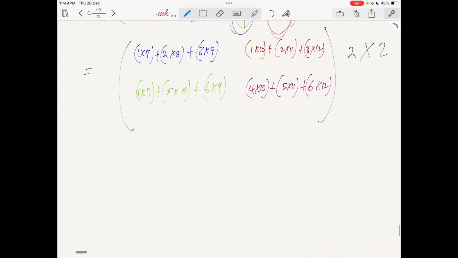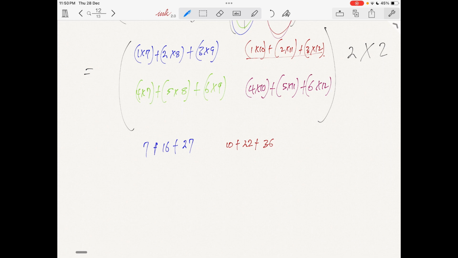Solving for that, we have 7 plus 16, because 2 times 8 is 16, and 3 times 9 is 27. Now we have 1 times 10 to be 10, 2 times 11 to be 22, 3 times 12 to be 36.